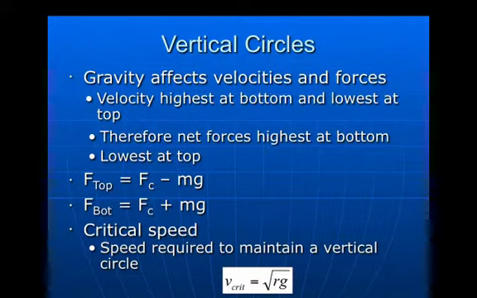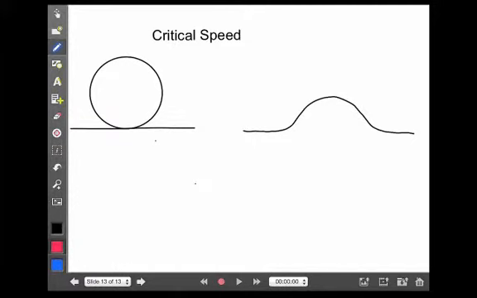The critical speed of a vertical loop is the square root of its radius times gravity. Notice the mass of the object doesn't really matter, so it's true for any object in a vertical circle. Now, the interesting thing is it can be a minimum speed or a maximum speed. In other words, if I have a loop like the roller coaster loop with a certain radius, well, remember, I'm going to have a low speed here at the top.